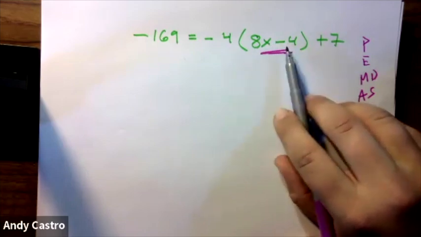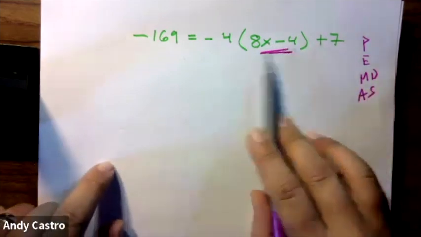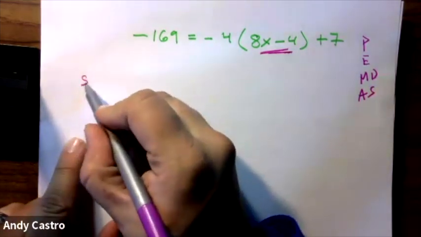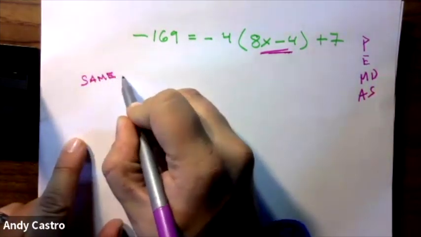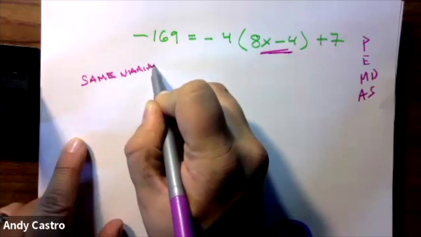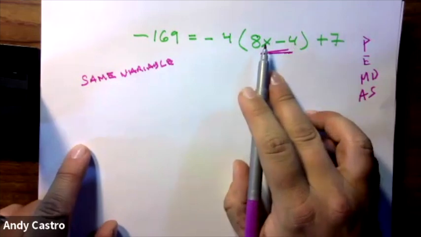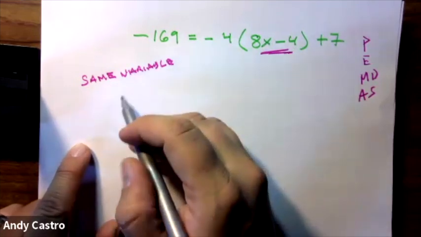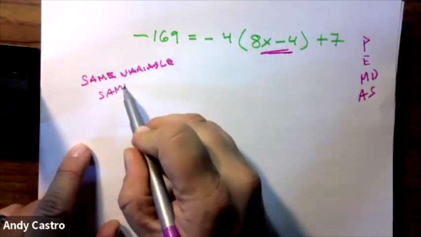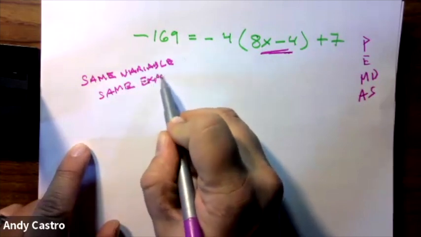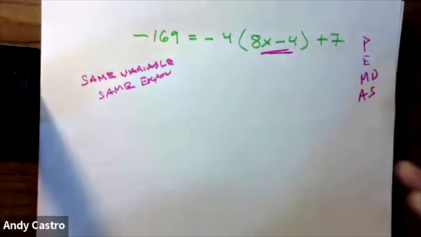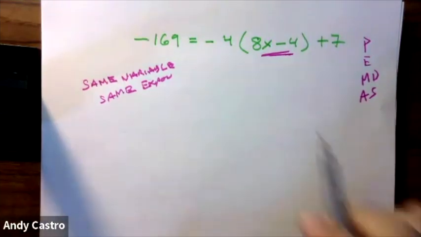I cannot add or subtract terms that are not like. In order for me to do that, they would have to have the same variable. 4 does not have an x like 8 does. They would also have to have the same exponent. In this case, it doesn't matter because the 4 doesn't even have an x. So we can't combine those two.